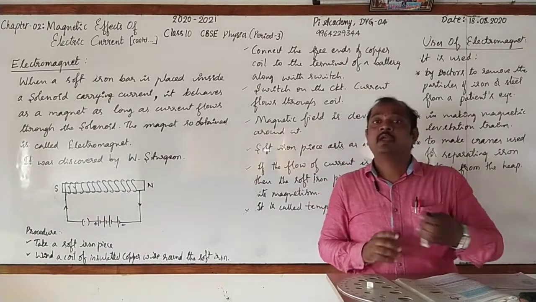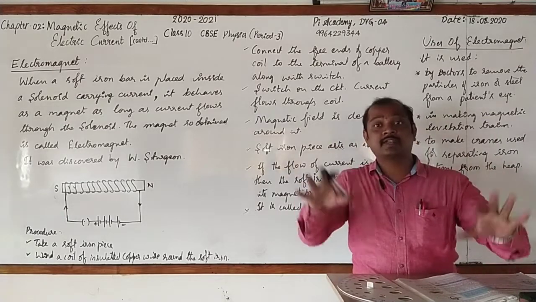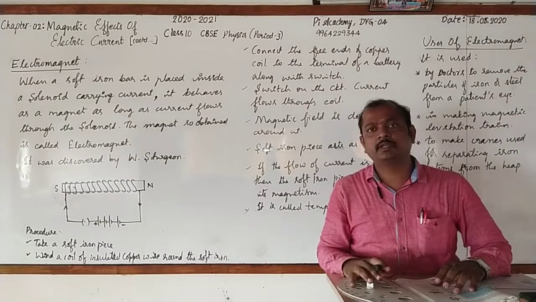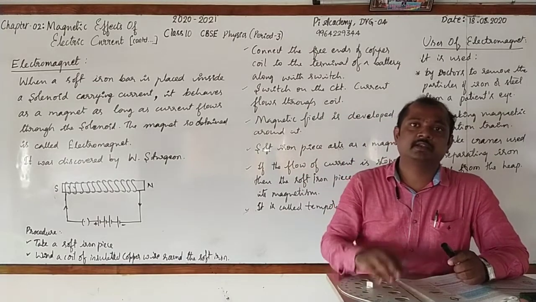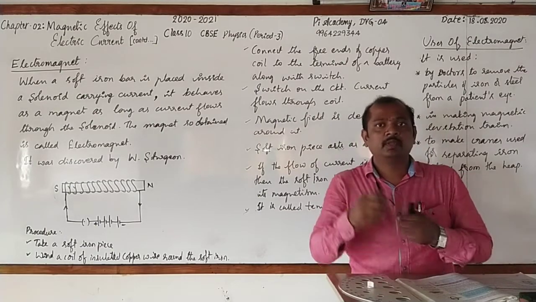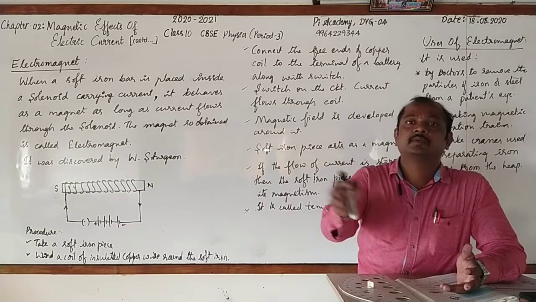of iron. And another one, suppose many materials are crushed. In that there is a heap of crushed materials. In that, iron particles, iron items, iron pieces are there. So how to remove them? It is very difficult to separate them just by hand.